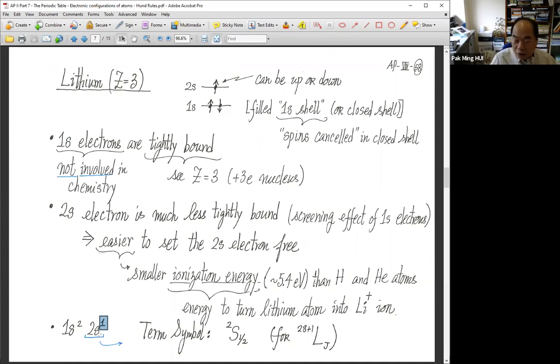This is the only choice. You don't have L minus half because it cannot be negative. Therefore, J is half in the lower corner. And the spin, 2s plus 1, this can be up or down. That is to say, you have this freedom. And this is the 2s plus 1, which is 2.